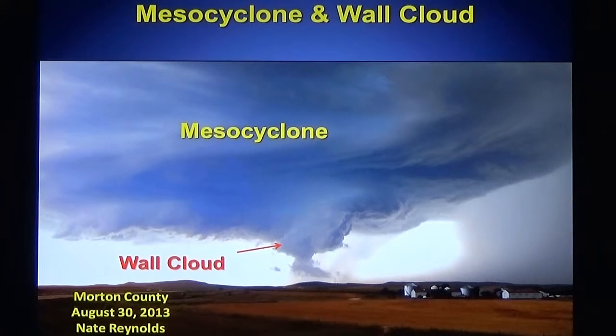Again, that lowering of the rain-free base into the wall cloud. The wall cloud will point toward the downdraft. Here the wall cloud is pointing toward the rain falling out here with the downdraft.